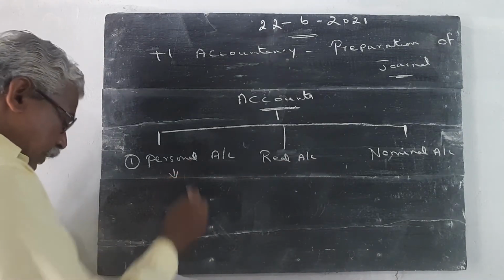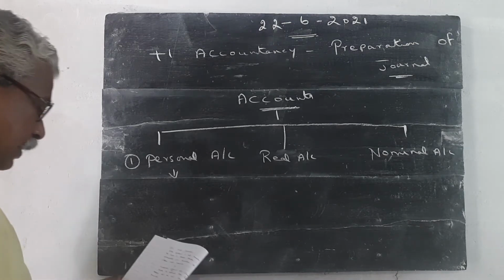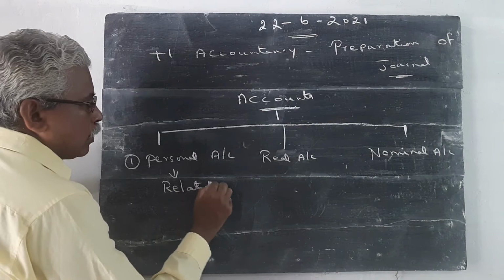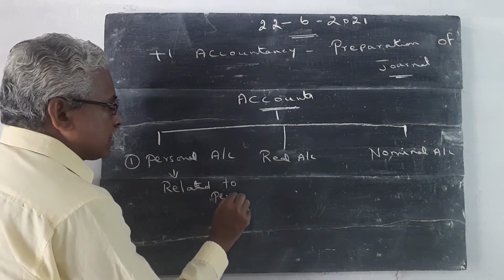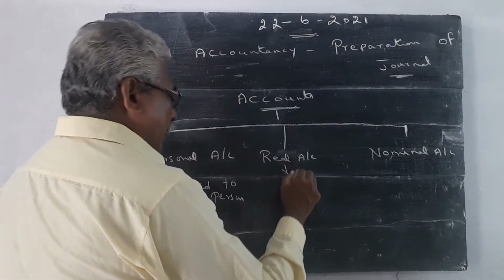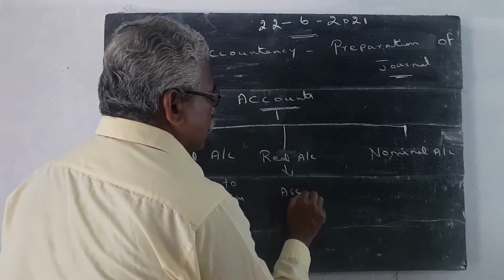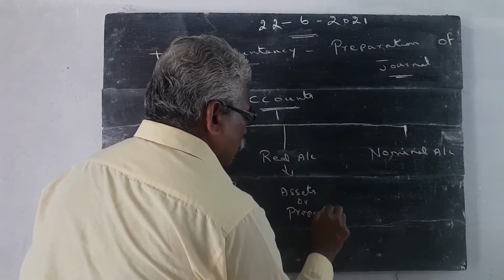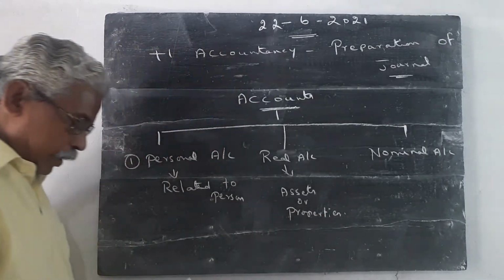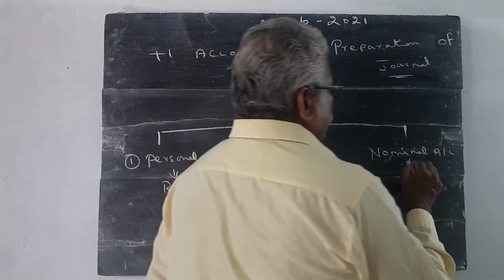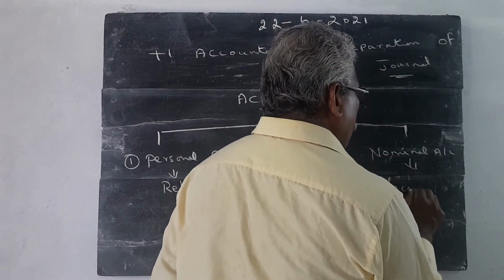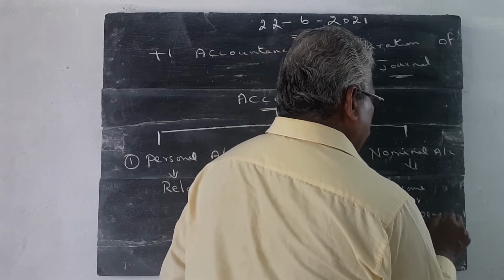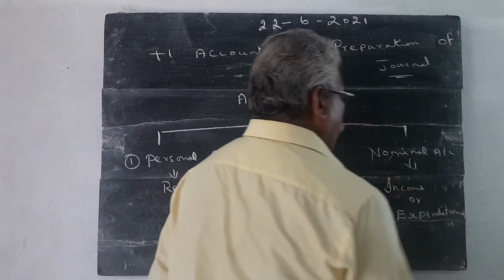An account that explains about a person, the account related to a person, is called a personal account. The account related to assets or properties is called a real account. An account that explains about income or expenditure is called a nominal account.